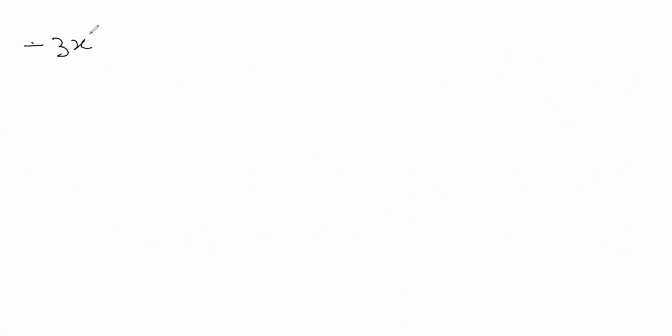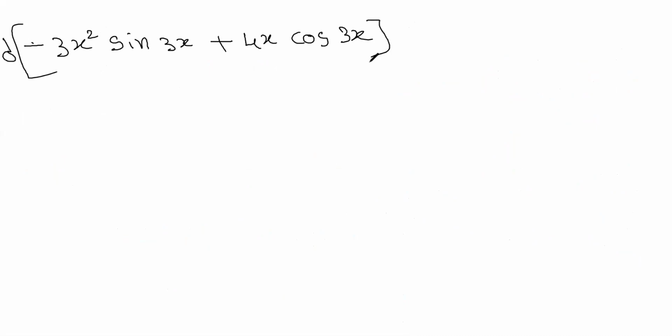Minus 3x square into sine 3x plus 4x into cos 3x. Differentiation of this. The only thing you have to identify is which rule you have to use.